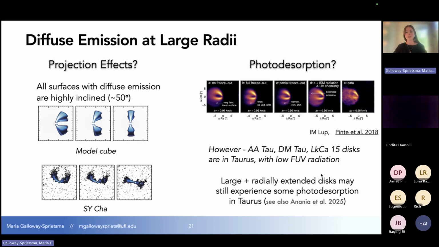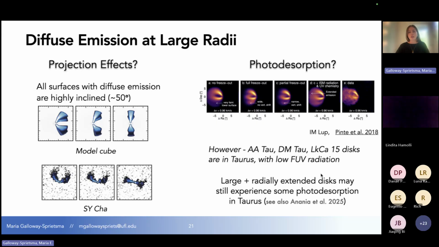However, three of these disks, AA Tau, DM Tau, and J1615, are actually located in Taurus, which has fairly low FUV radiation and is not really a star-forming region where we would expect to see photodesorption because there's not really any strong ionizing sources.